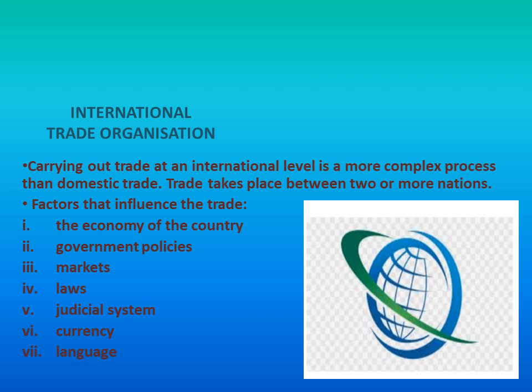As you have learnt earlier that domestic trade or internal trade is a trade which takes place between different regions within the same country, whereas international trade means exchange of goods and services of one country with the other countries. So, the international trade is more complex than the domestic trade.